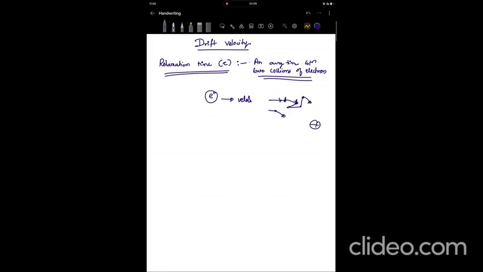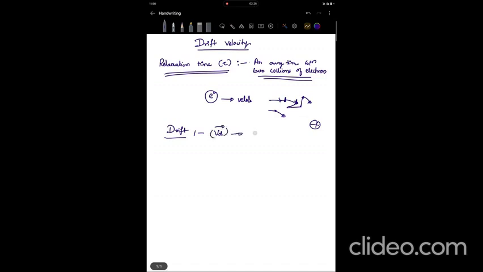What is drift velocity here? The average velocity with which free electrons get drifted in a metallic conductor under the influence of an electric field is called drift velocity. This is represented by Vd.